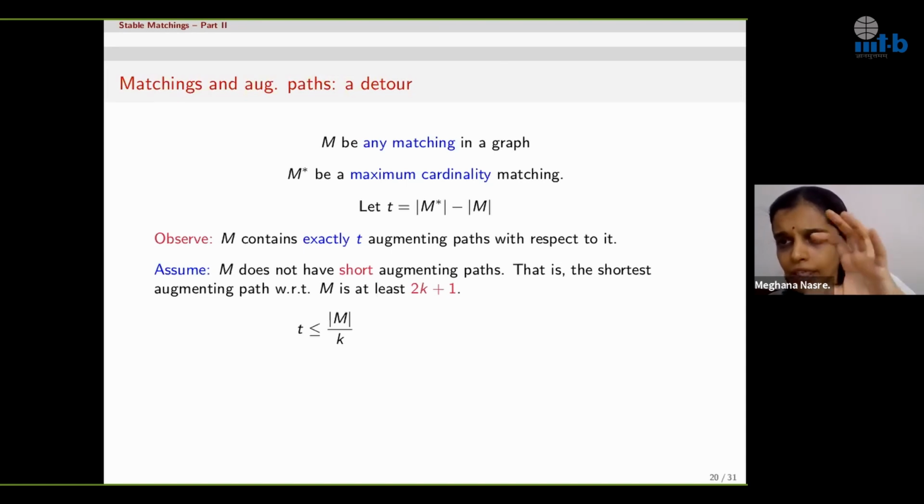So you can think of taking the matched edges and dividing them into groups, each consuming k edges. If you consume k edges per group, you can have at most m over k groups. Each of these groups can form an augmenting path, and therefore the total number of augmenting paths is upper bounded by m over k.